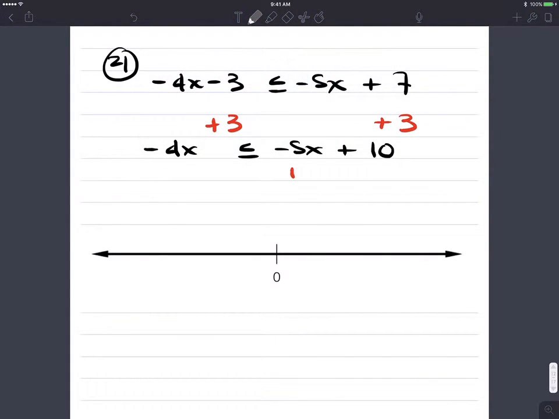We're now going to add 5x to both sides, to be fair, preserve our balance. On the left side, we get negative 4x plus 5x, which gives us an x, which will be less than or equal to negative 5x plus 5x is 0, the value 10.